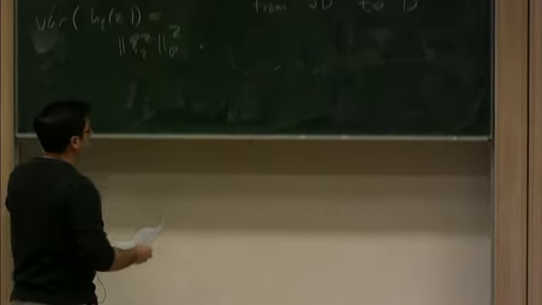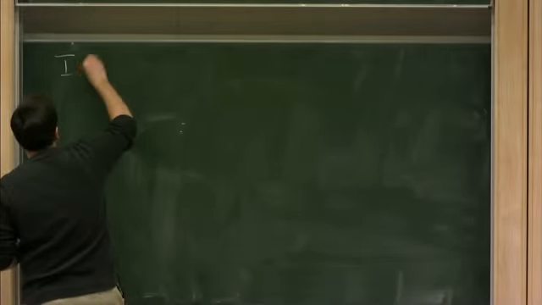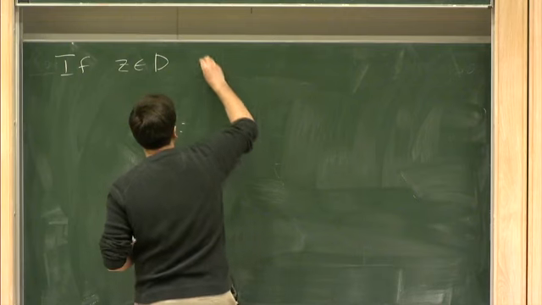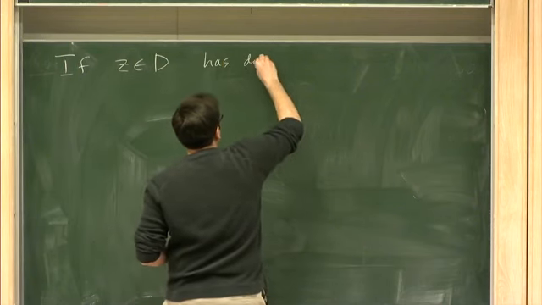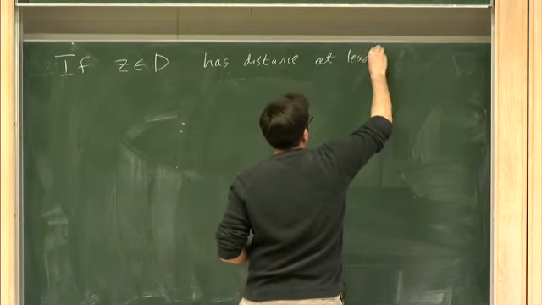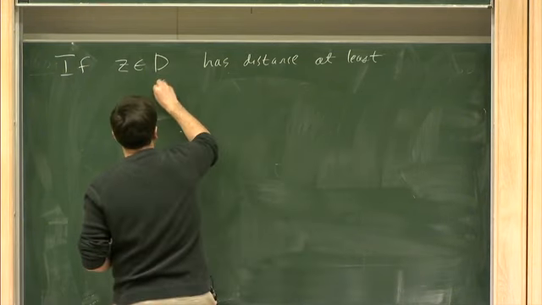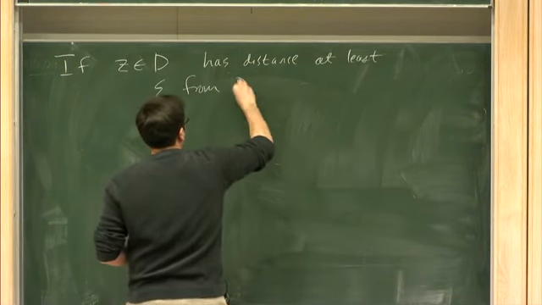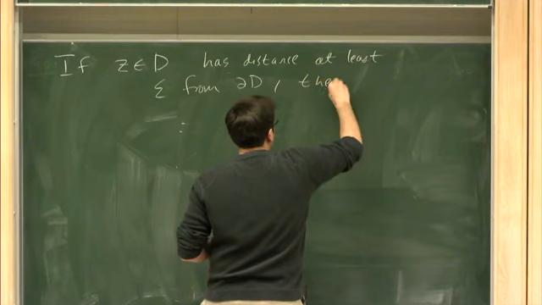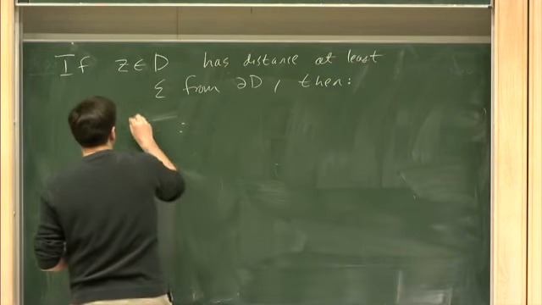All right. Now, if our point z has distance at least epsilon from the boundary of the domain, then what is this function g tilde?